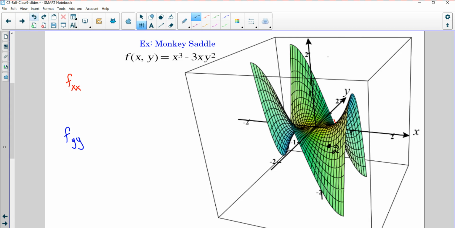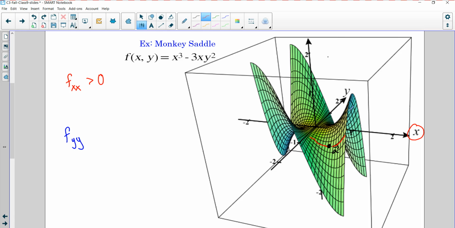Okay, so if I think about this, f sub xx is going to look at, again, at the concavity in the x direction, and keep in mind that x is over here. I've rotated the axes just a little bit on us, and so if I look in the x direction, I can see that there's this bending up, so I would actually say that the second derivative here, or f sub xx, is going to be greater than 0, meaning that it's concave up.